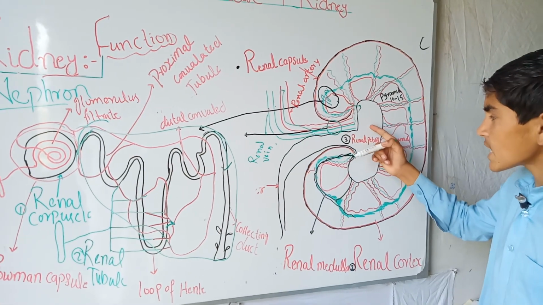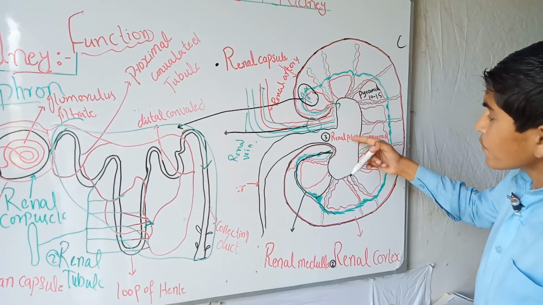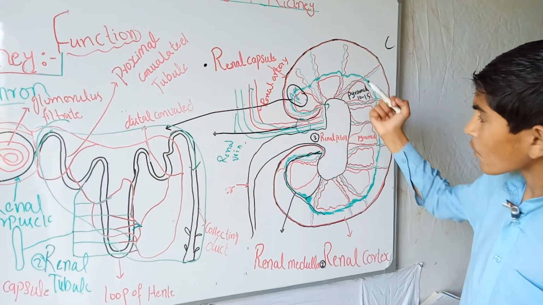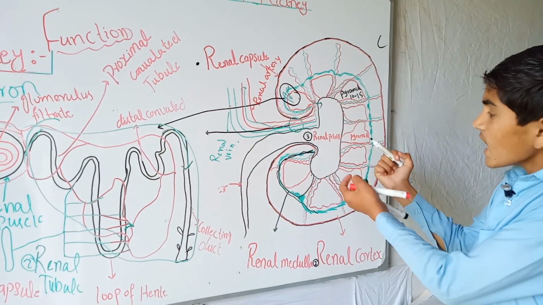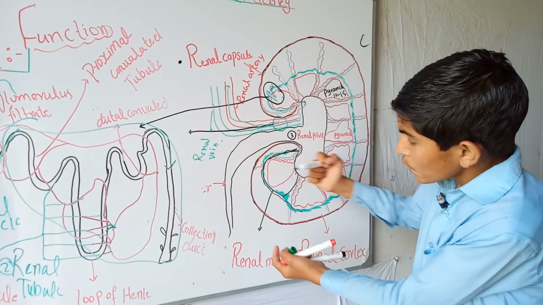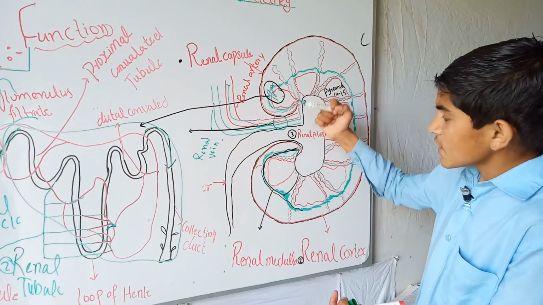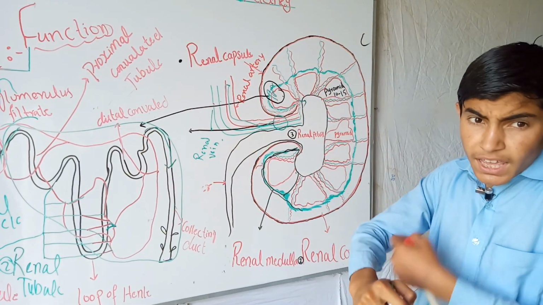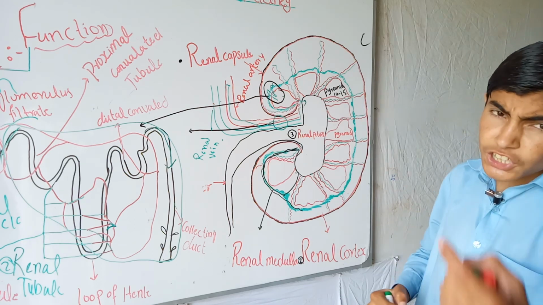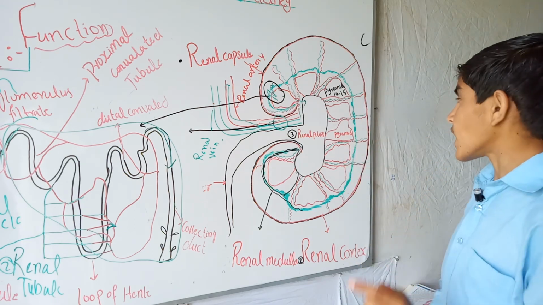The renal pelvis is the site for collecting the urine from all over the kidney and then directing it to the ureter, which then carries this urine to the urinary bladder, and then it is excreted through the urethra.